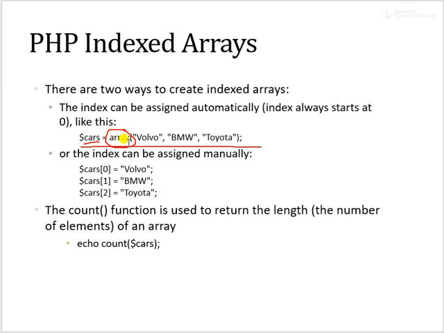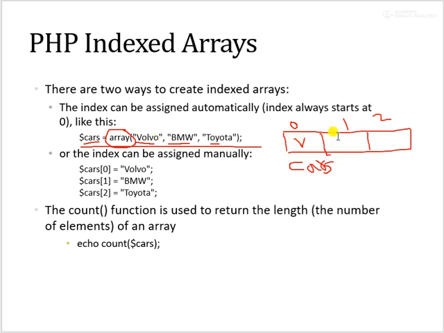We call the array function, and to the array function we pass 3 values. As a result, an array cars will be created, which has 3 values in it. The name of the array is cars, with index starting from 0, 1, 2. 0 will be initialized with Volvo.